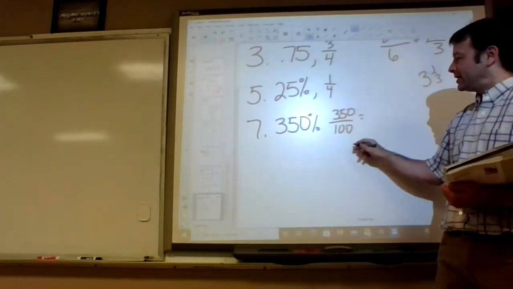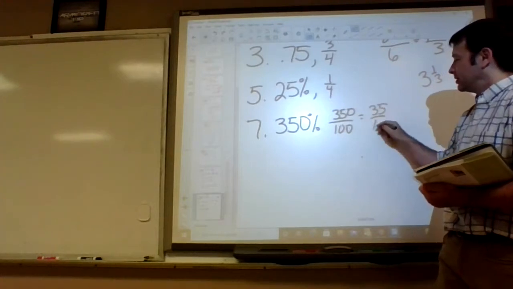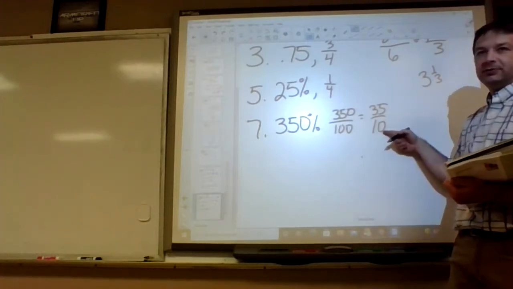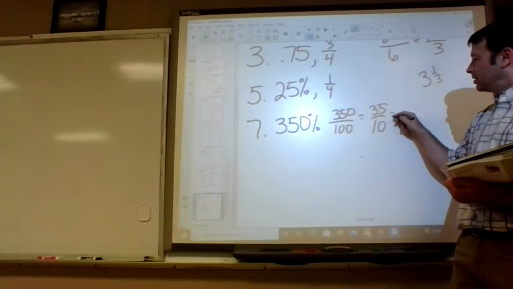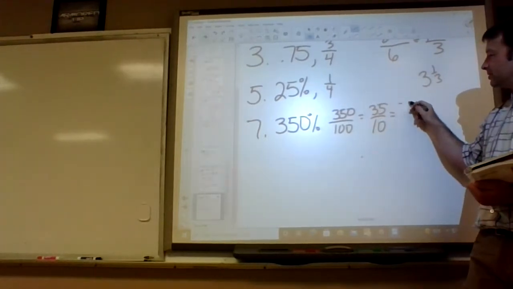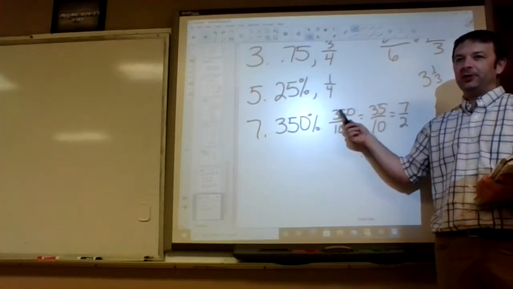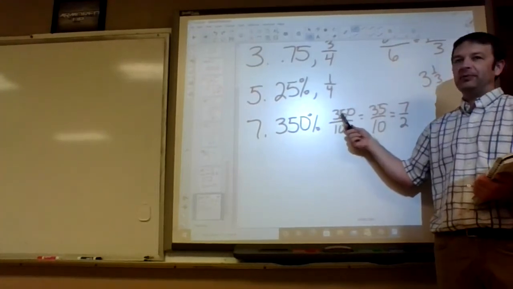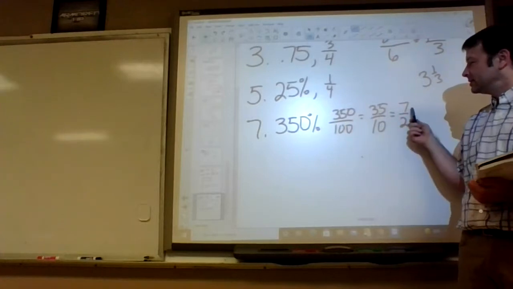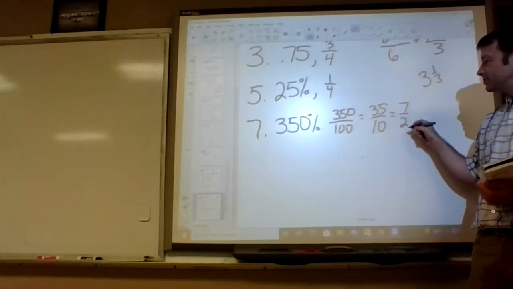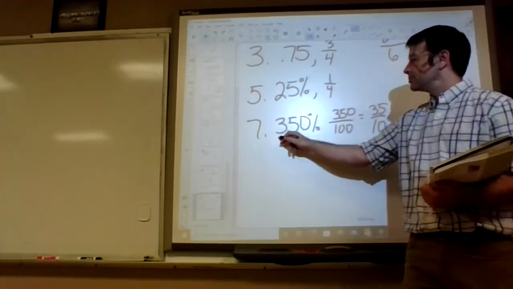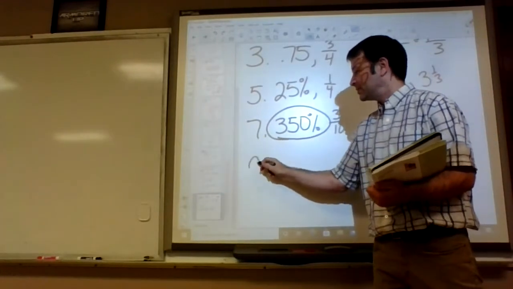If you divide by 10, you'd have to divide by 5 still. So what would that be? We could have just divided by 50, and that would have been a little quicker. How many 50s go into 350? 7. How many 50s go into 100? 2. So it's 7 over 2.